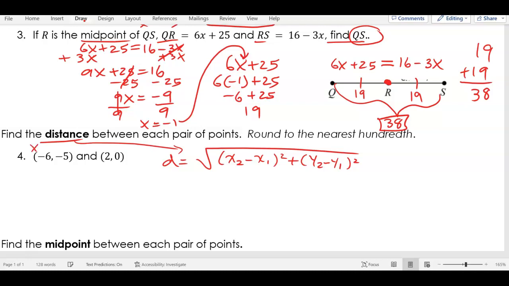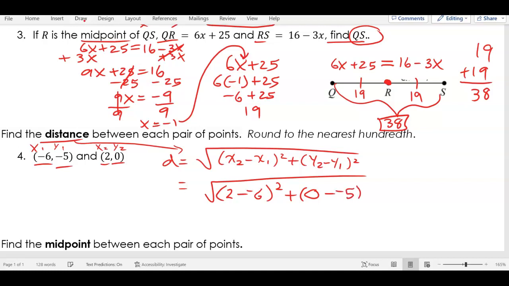Okay, and you know this is x1, y1, x2, y2. So x2 minus x1 is going to be 2 minus negative 6 in parentheses squared, plus 0 minus negative 5 in parentheses squared.